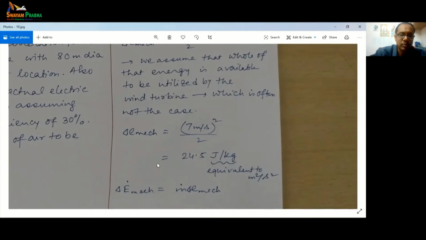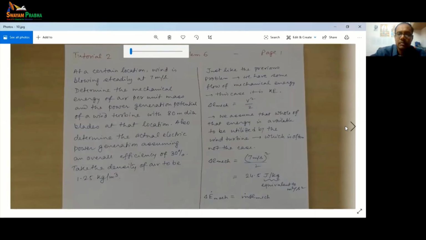Now, if we want to get the total available mechanical energy for this wind turbine, we have to multiply it with the mass flow rate. Okay, so capital E dot mechanical, delta of that, is mass flow rate times delta of small e mechanical. First we have to find out the mass flow rate.